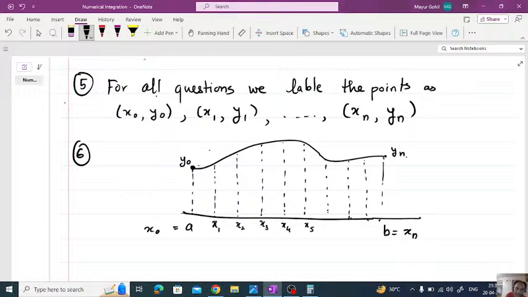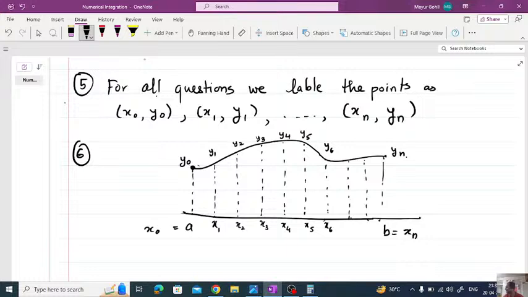The corresponding values are y1, y2, y3, y4, y5, y6, with x6 and so on.